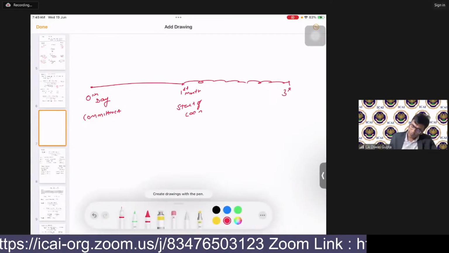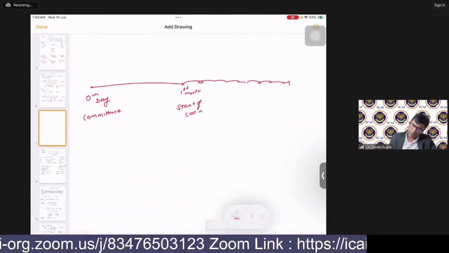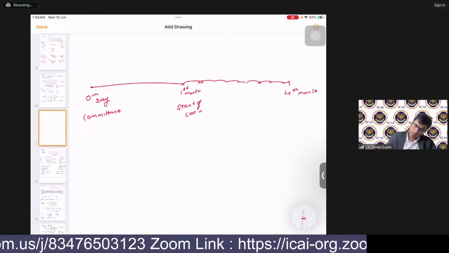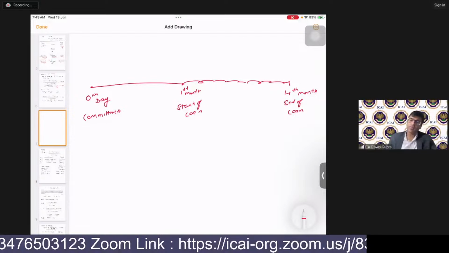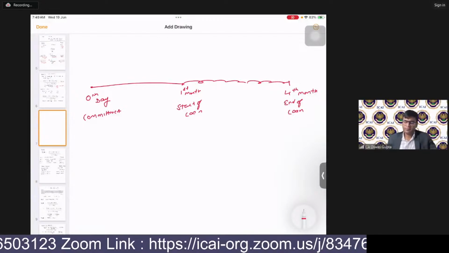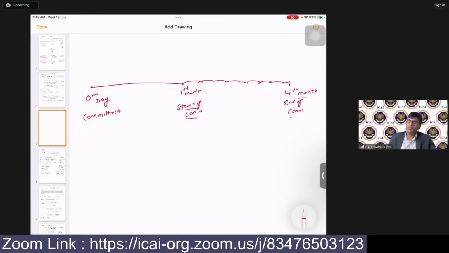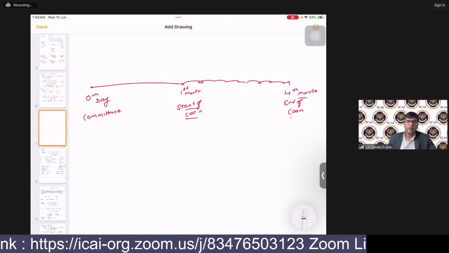Sorry, this is the 4th month, and this is the end of loan. Okay. So start of loan and end of loan, 1st month and 4th month. That is how it happens in our example, right?